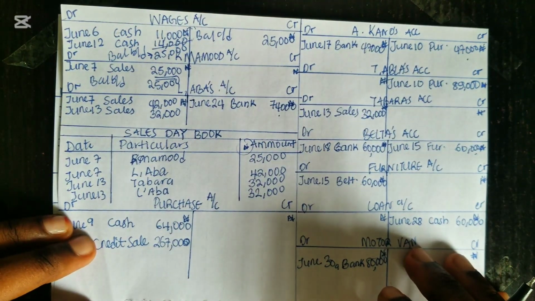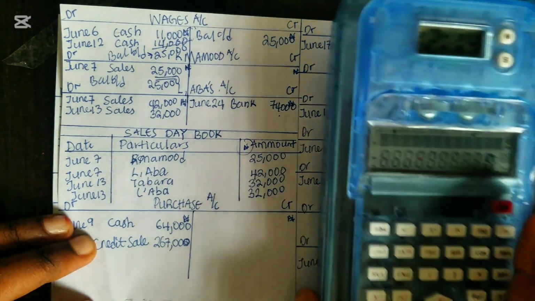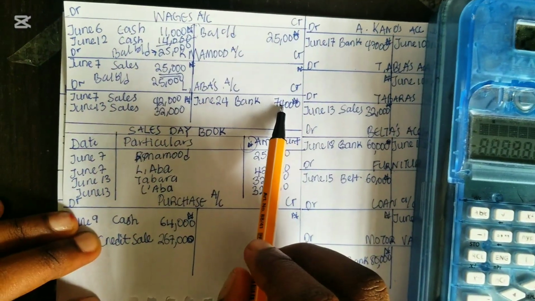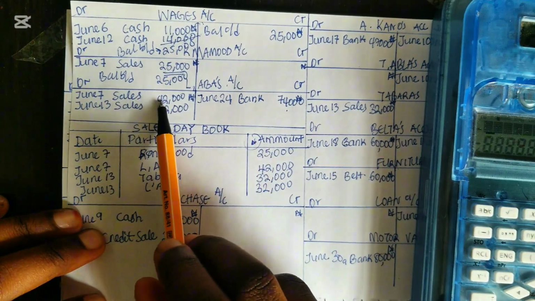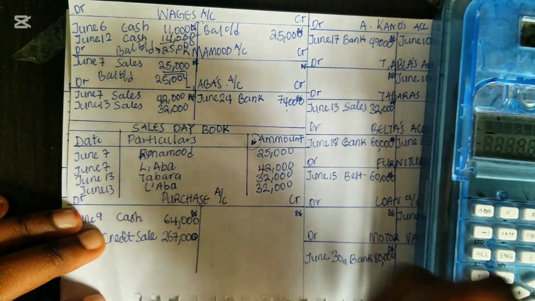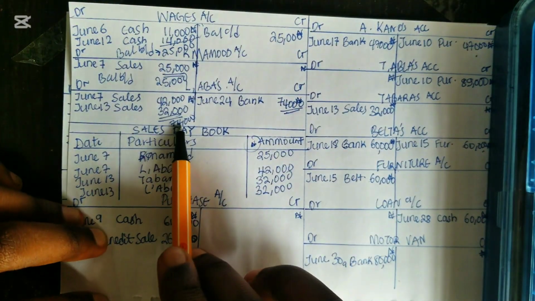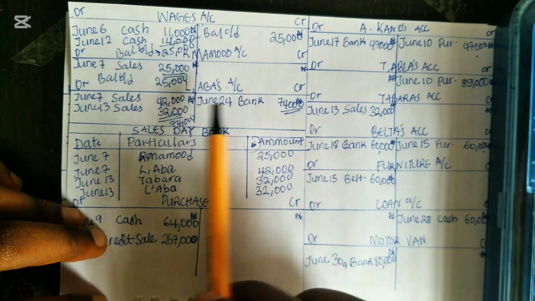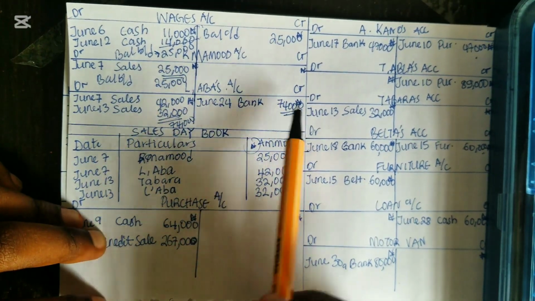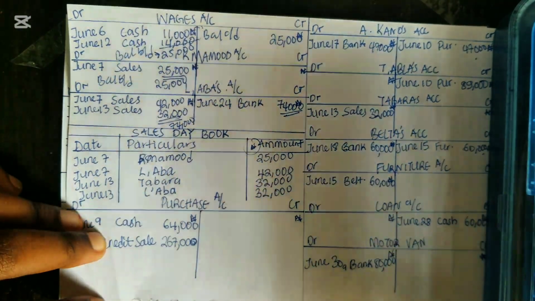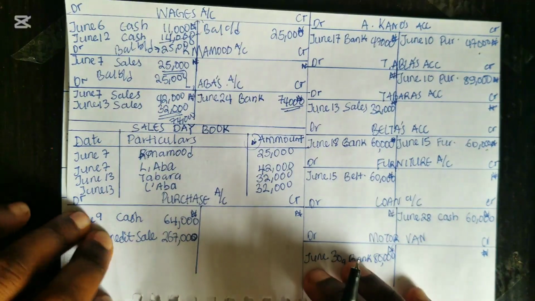So now El Abbas account, right? If you add, here is 74,000, here 3 plus 4 is 7, 2 plus 2 is 4. So here is already 74. Here is already 74. So we don't need to move this, because the credit side and the debit side have a 74 balance. So we don't need to move it to the trial balance, right?